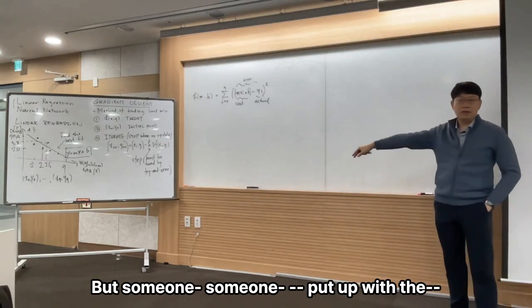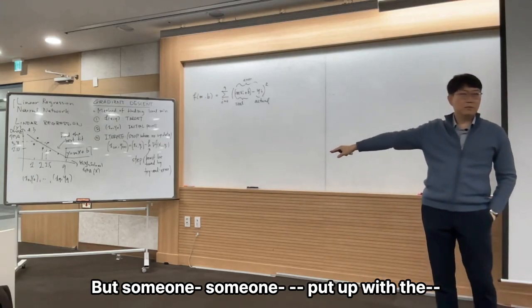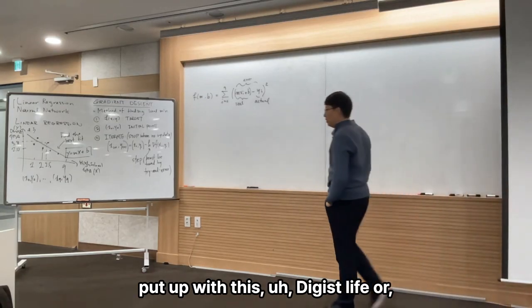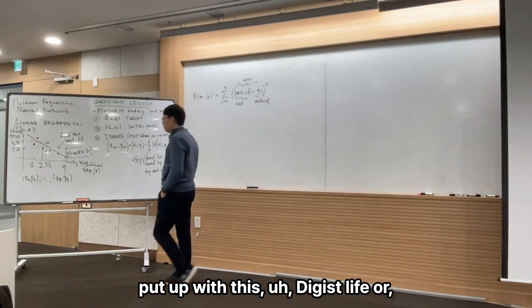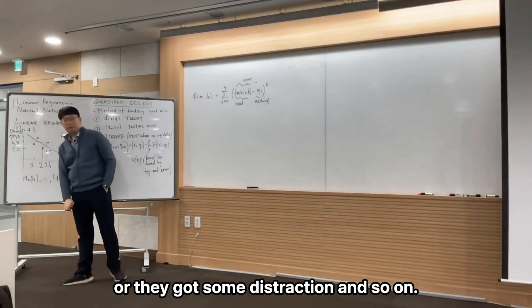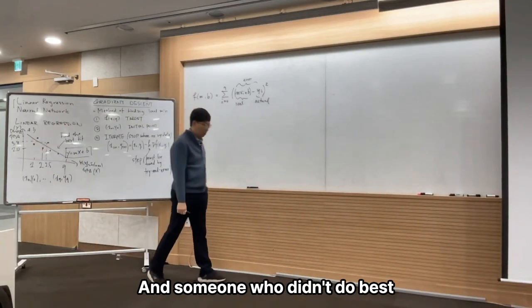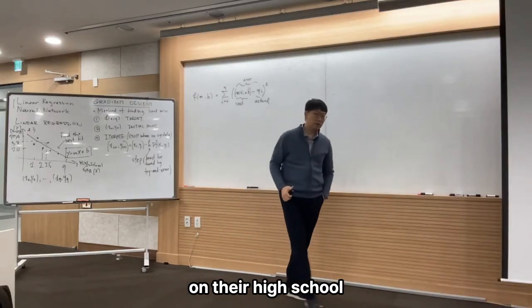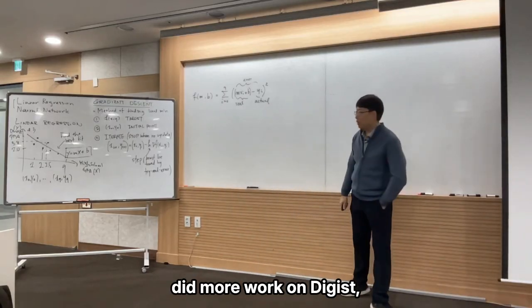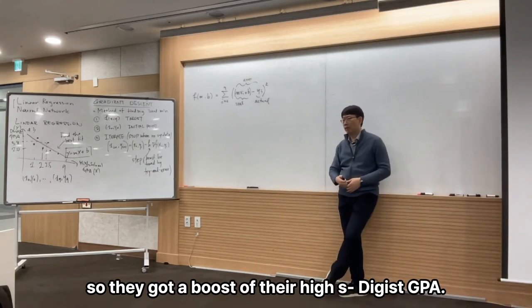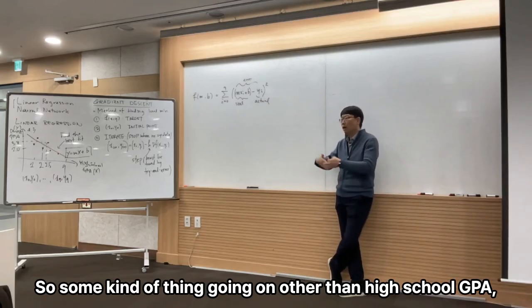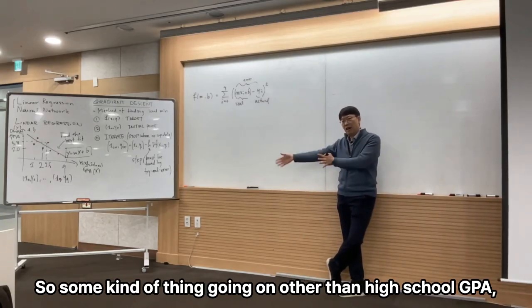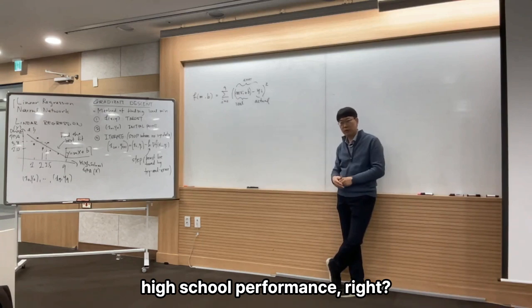But someone may not put up with this DGIST life, or they got some distraction and so on. And someone who didn't do their best in high school did more work at DGIST, so they boosted up their DGIST GPA. So there is some kind of thing going on other than high school performance, right?